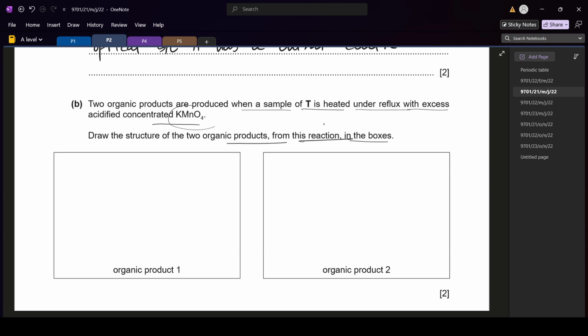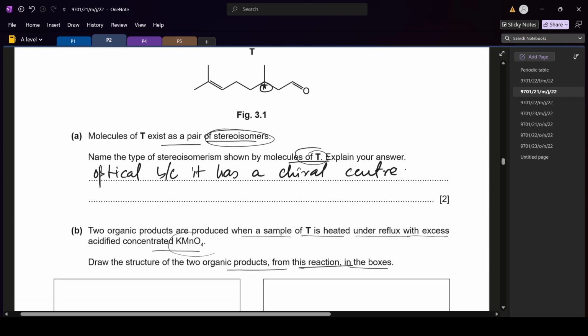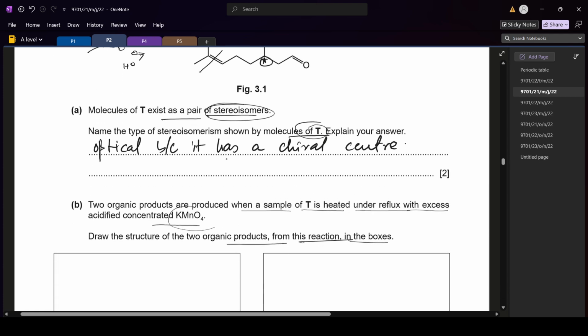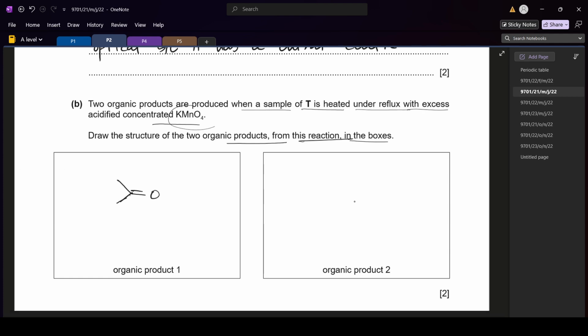So when you react T with hot acidified concentrated KMnO4, the double bond will break, and then you will have this molecule, this is a ketone, and this double bond here will form a carboxylic acid, and this part will be the same. Okay, so what will be formed? It will form a ketone and a carboxylic acid group.